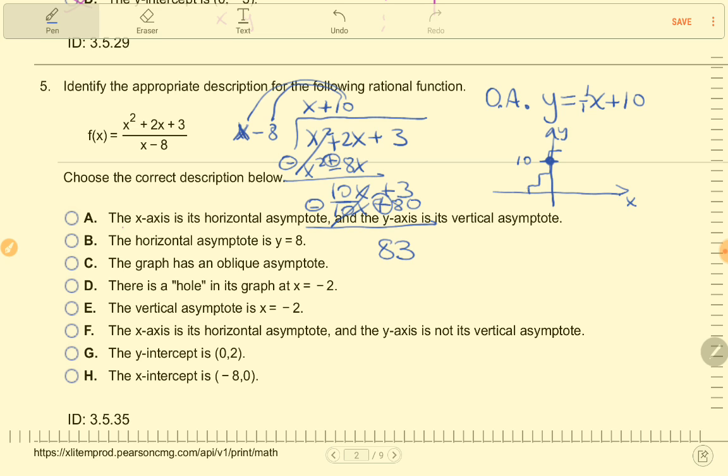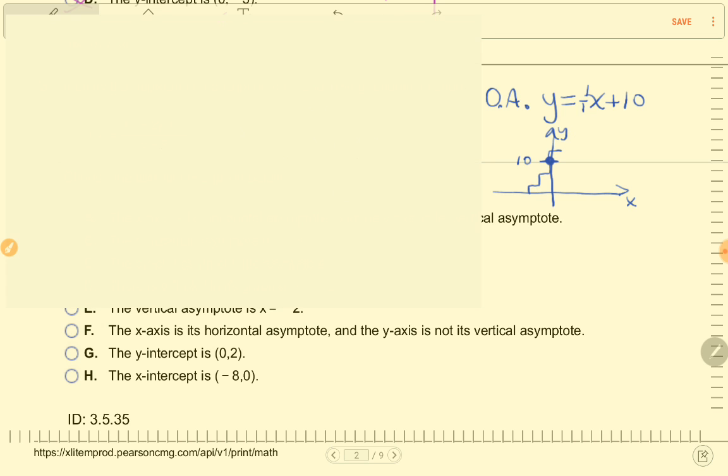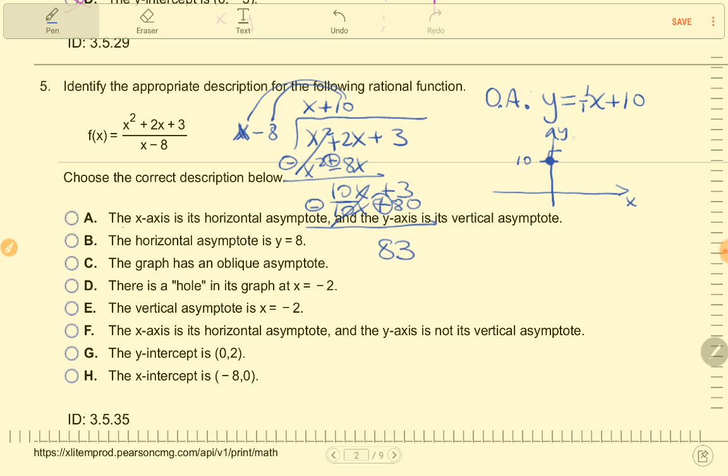So it ends up being a slanted line like this, and this is our asymptote. Usually we represent it as a dashed line. Right, so that is the oblique asymptote.